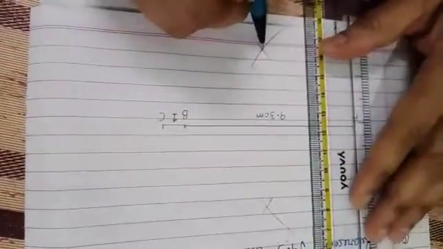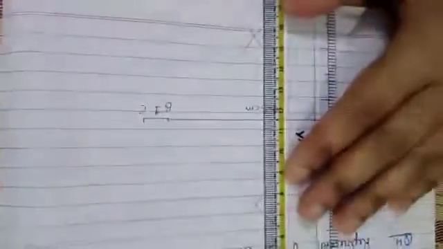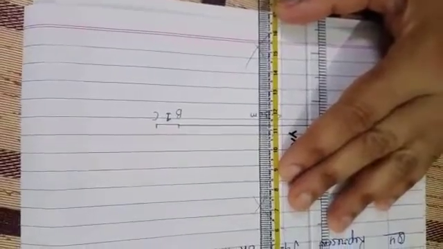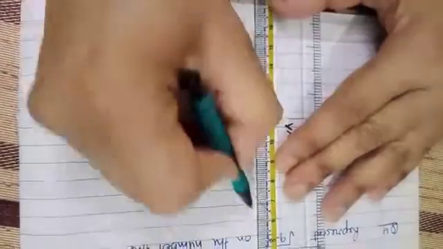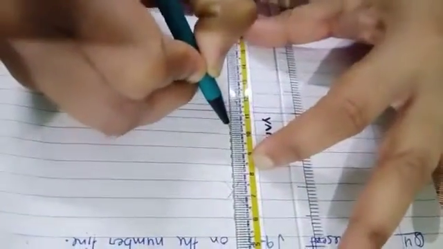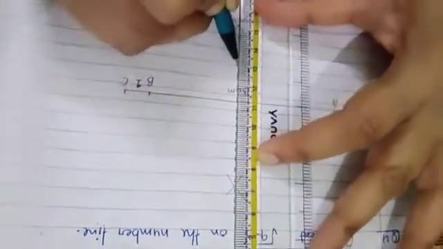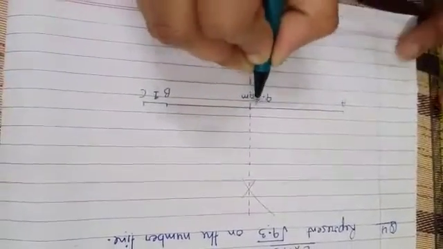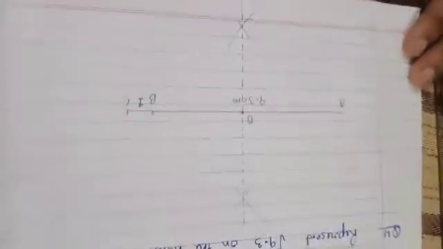Now you can see we are having these 2 points. So by joining these 2 points with a dotted line, we will get the perpendicular bisector of AC, and which intersects AC at the point O.